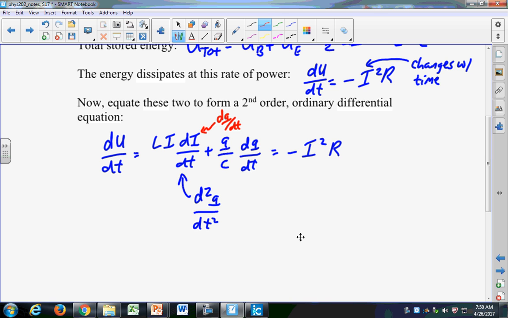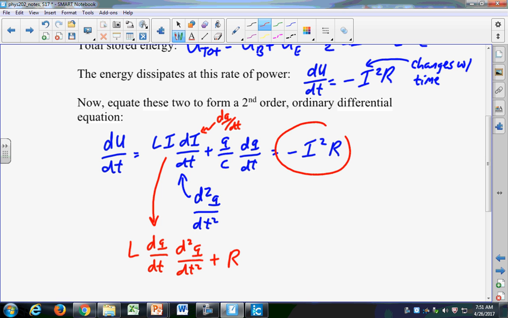And so now I have this differential equation which looks like this. I have L dq/dt, that's from here, d squared q over dt squared, plus R, I just take this over here, and then that's where it becomes here, plus R dq/dt times dq/dt.